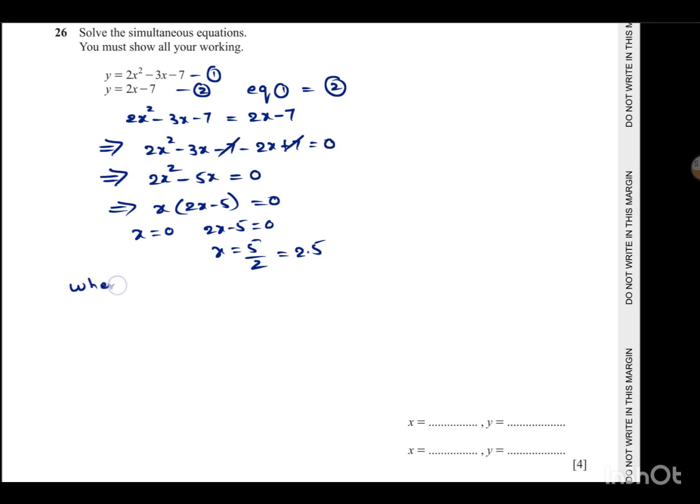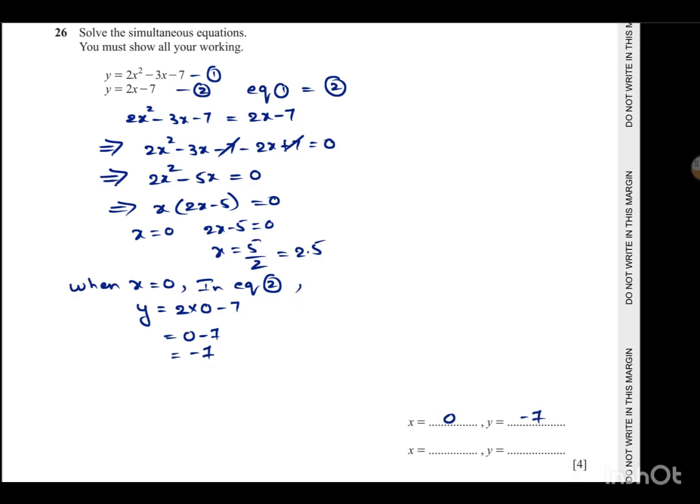Now when x is equal to 0, y is equal to, take equation 2. 2x, that is 2 into 0 minus 7 will be 0 minus 7, that is minus 7. So when x is 0, y is minus 7.